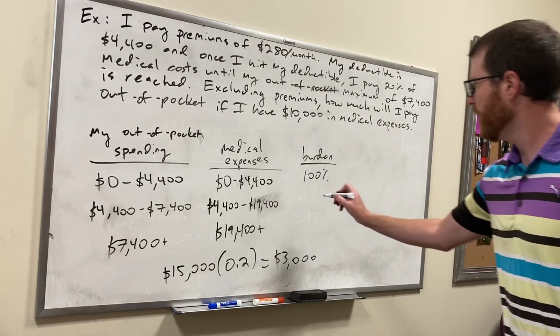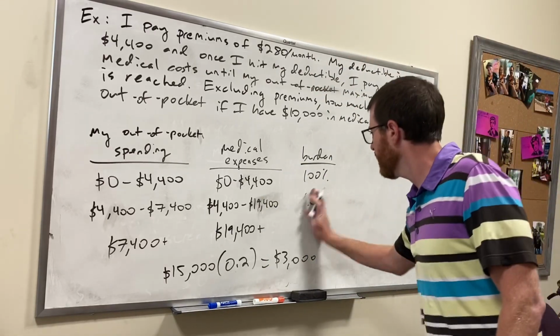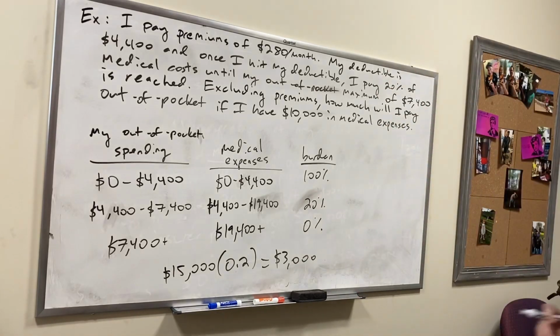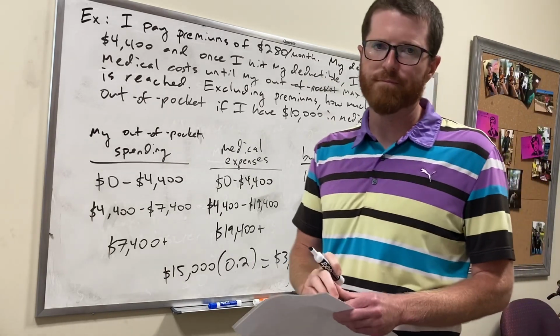Okay, so these burdens still fit in the same. This is still 20%. This is still 0%. And so now we can answer this question in what I think is a more simple way.